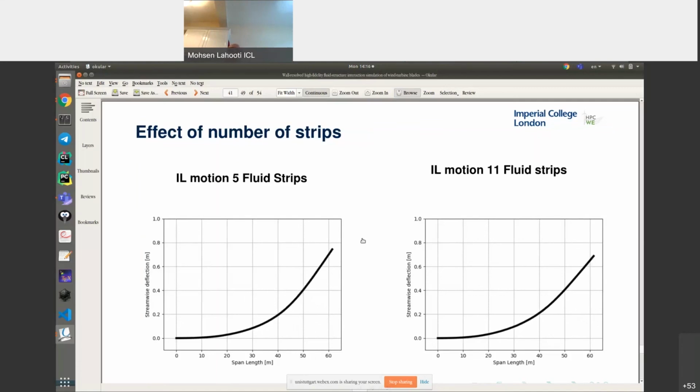The effect of the number of strips and their distribution over the blade is an open question in this kind of simulation, which needs further investigation to be fully understood.